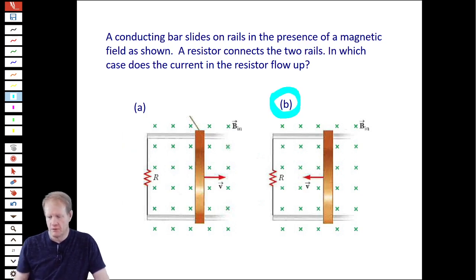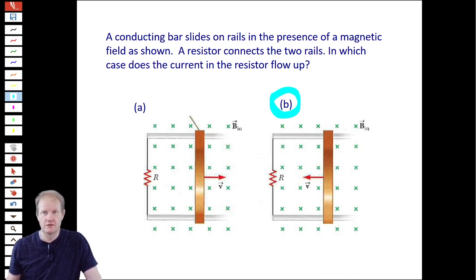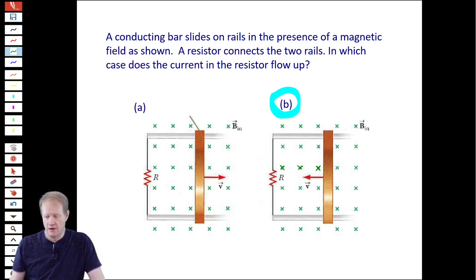The reason is we can use Lenz's law. So we're decreasing the flux through here. The magnetic field is into the page, and we're getting less into the page as that bar slides to the left. You have less flux, and so the current is going to want to try to keep that flux.